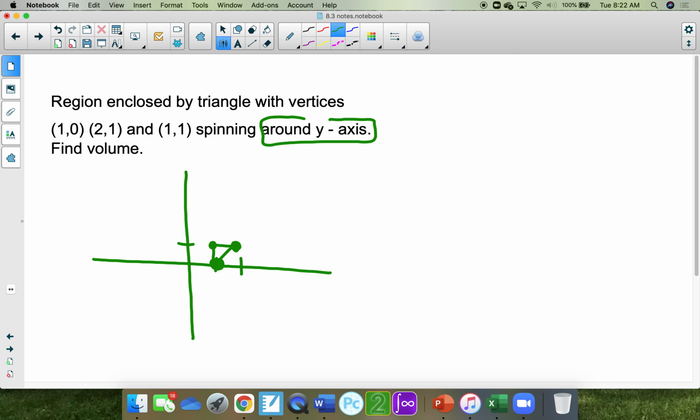And if you're spinning this around the y-axis, it's hard to see this, but there is a gap. And basically, this is what it would make: an angel food cake pan.